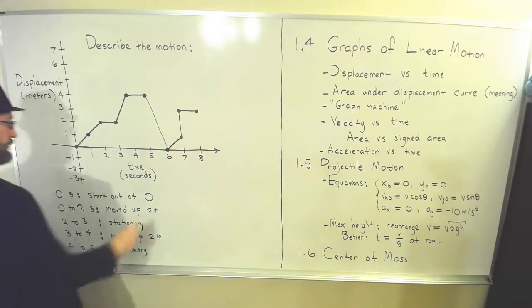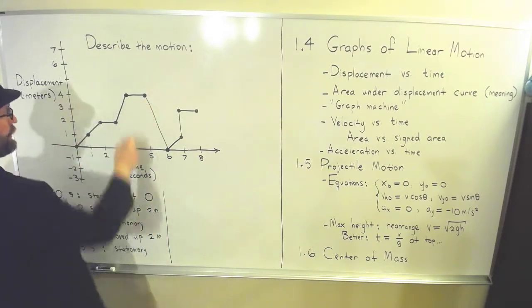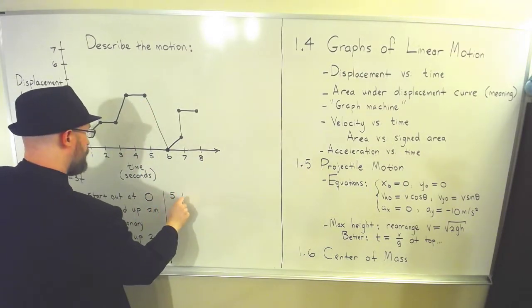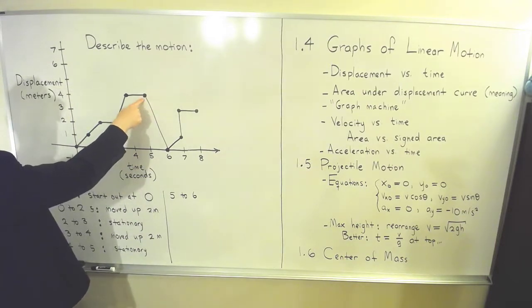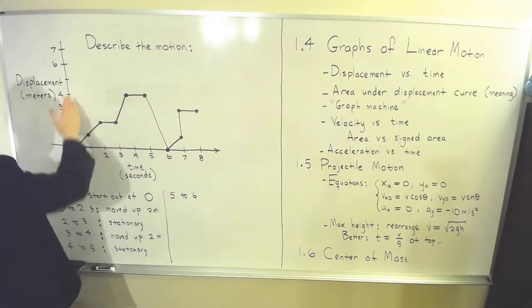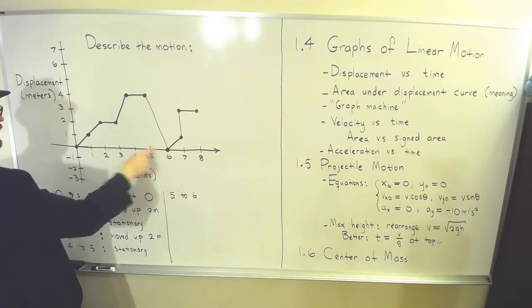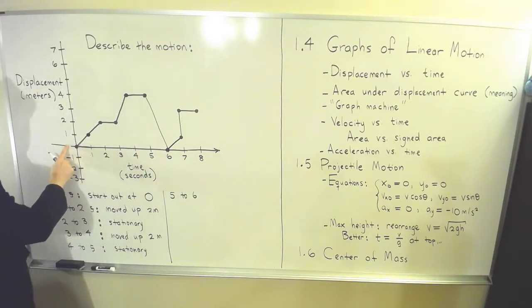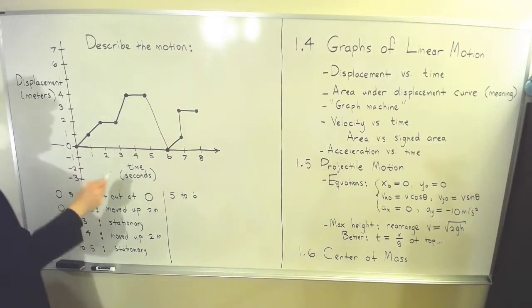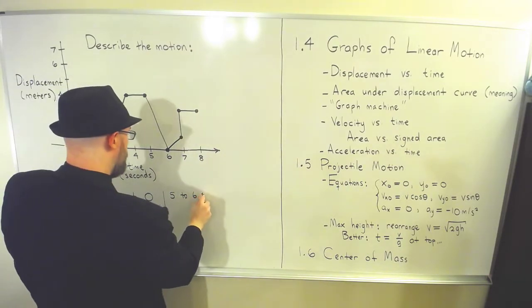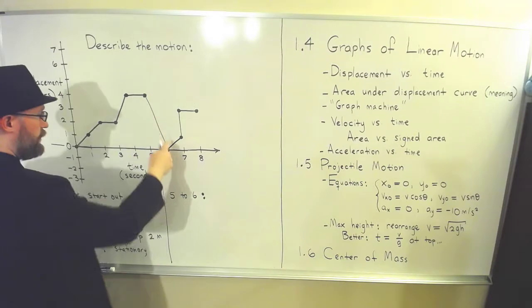Again, draw a line here. Now between 5 and 6, what's happening? Well, you started out at 5 a distance of 4 meters up, and you moved back down to 0. Put my 0 here. So you moved down. Now notice now you're moving down.